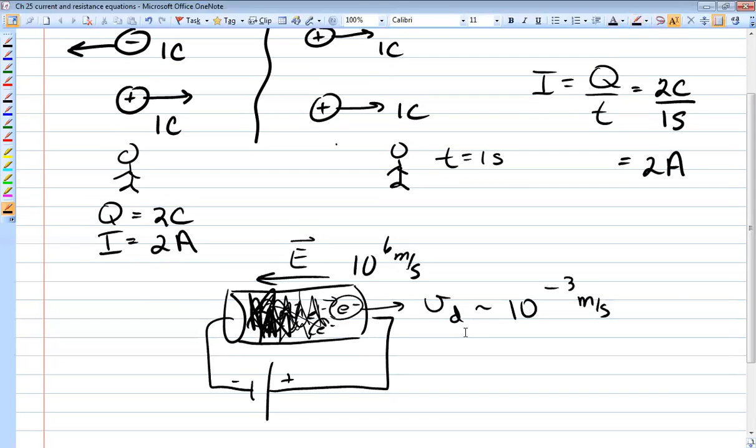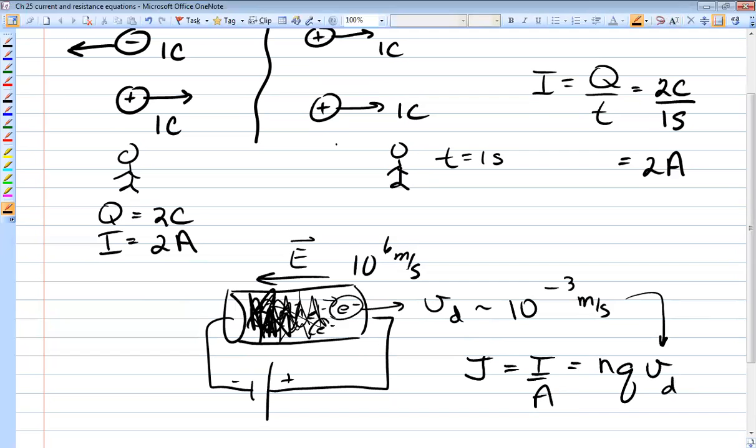Okay, so the formula on your formula sheet, J is equal to I divided by A, current over area, equals n q v sub d. This is the speed they're talking about, the drift speed, not the crazy speed 10 to the 6, but the average speed that they sort of drift because of this electric field.